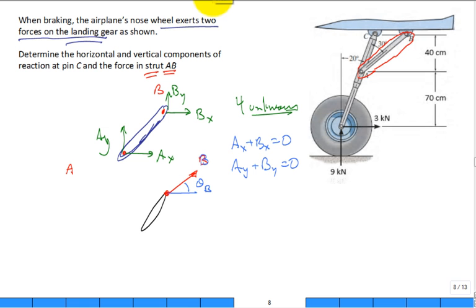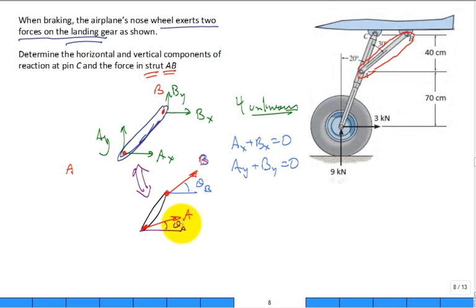Likewise, I could come down here and say this is point A. I'm going to talk about the magnitude of A and the orientation theta A. These are 2 equivalent ways of drawing a free body diagram for the strut. It's just whether you choose to put the pinned reaction as AX and AY, or A, the magnitude, with the orientation theta A. They're the same way of describing the support.